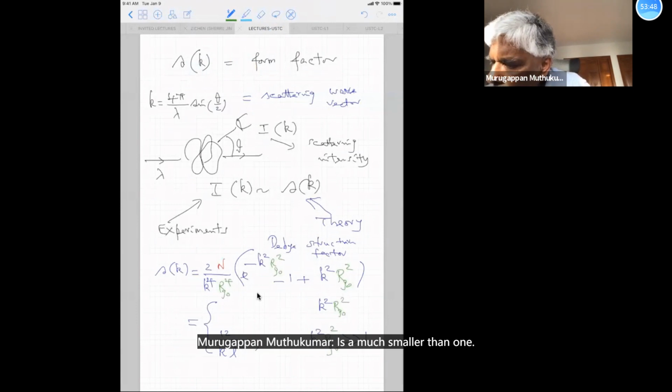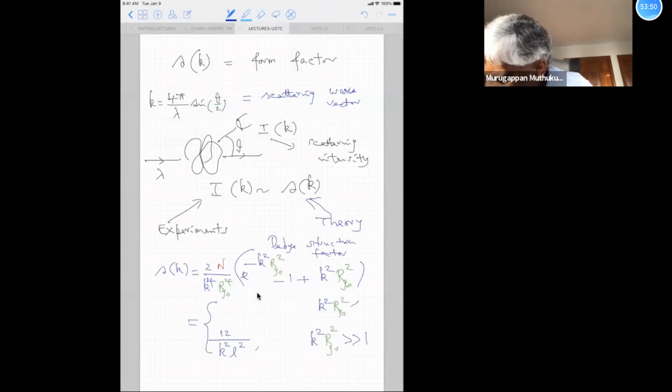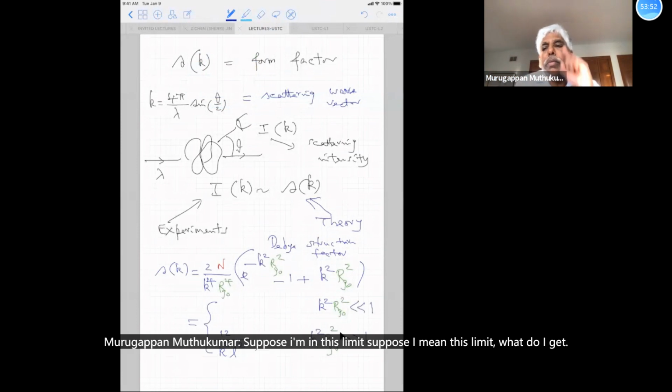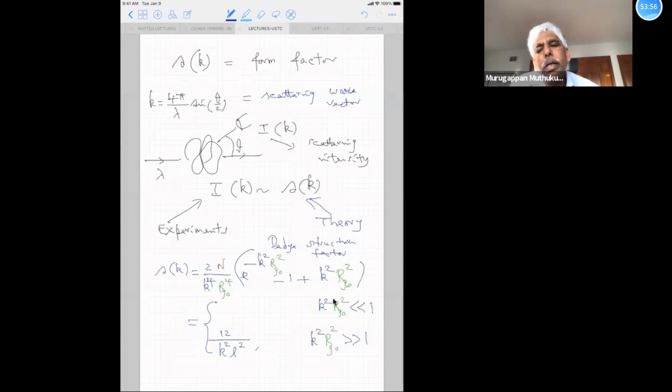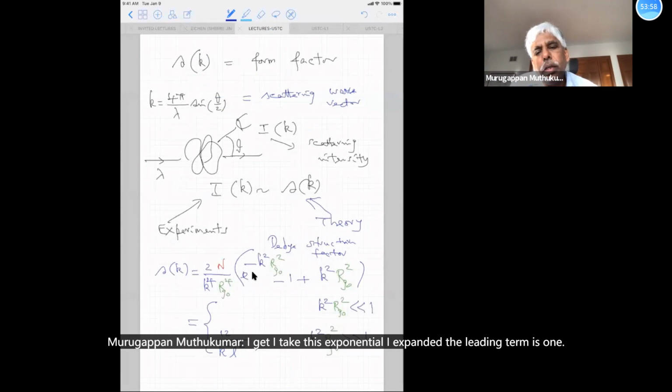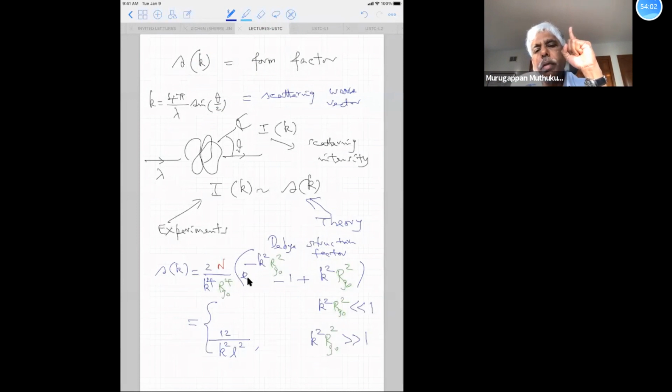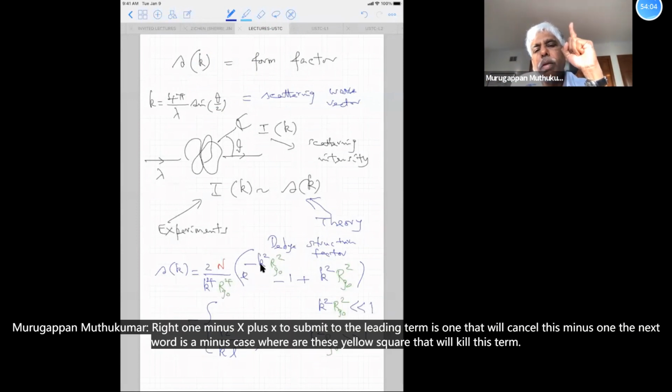But on the other hand, if I'm in the other limit, namely K square times RG0 square is much smaller than 1, what do I get? I take this exponential and expand it. The leading term is 1, right? 1 minus x plus x squared by 2. The leading term is 1. That will cancel this -1. The next term is minus K square RG0 square.